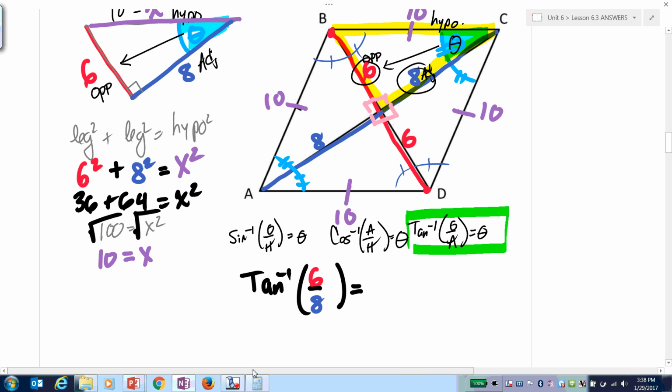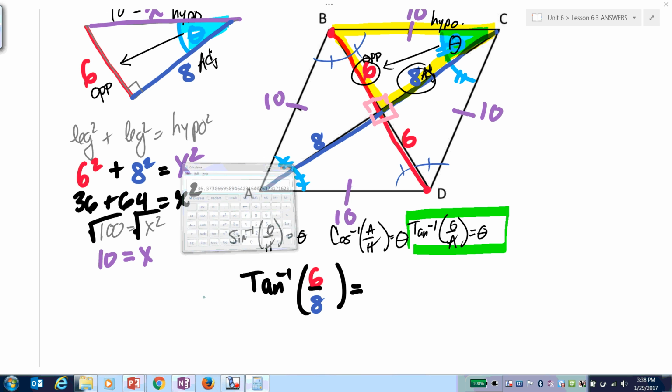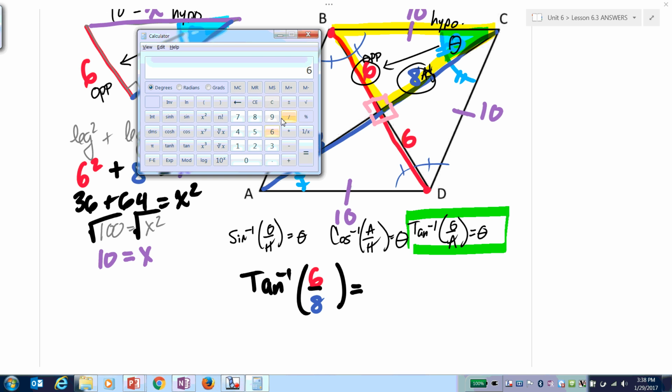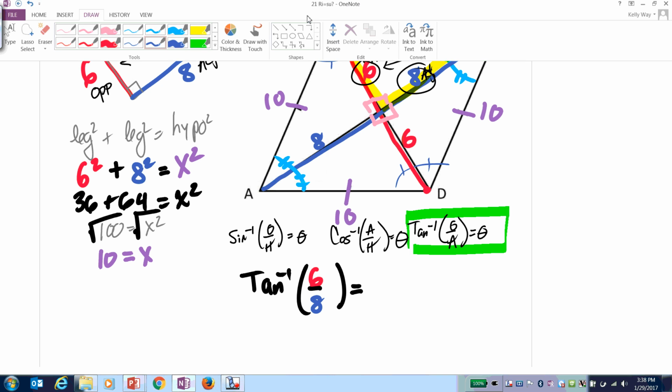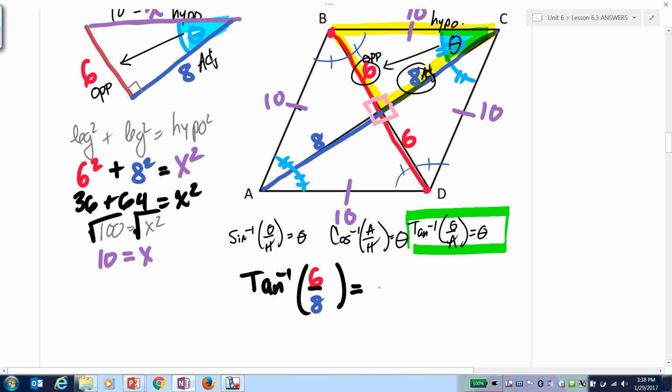So I'm going to use inverse tan, 6 over 8. You try it on your calculator and see if it matches with mine. You're going to round to the nearest whole degree. In this case, I have 36.8. So it's approximately 37 degrees.